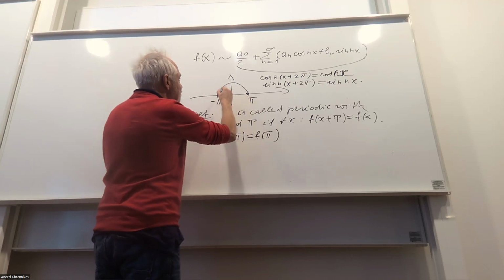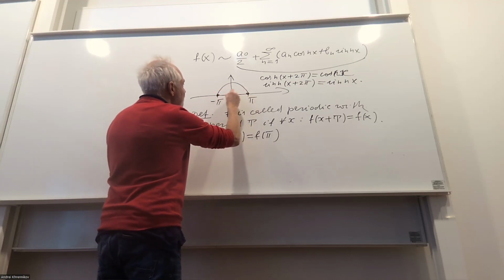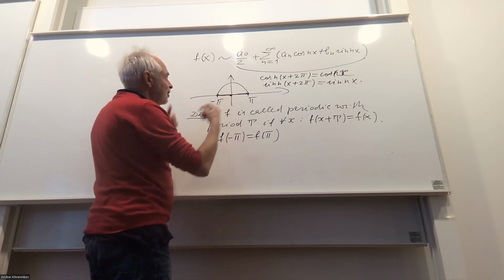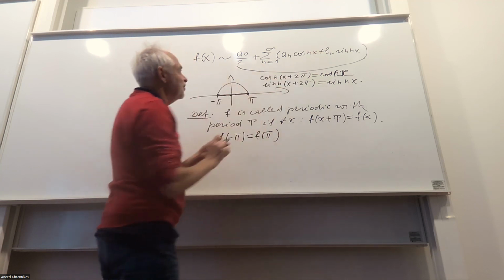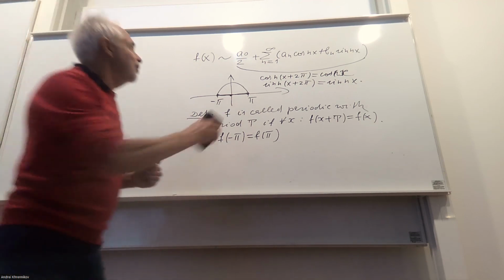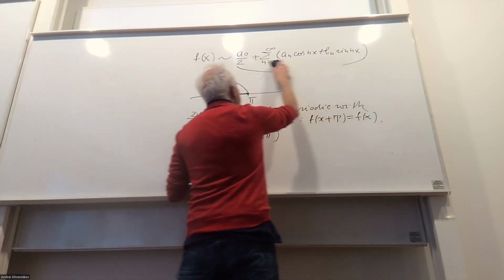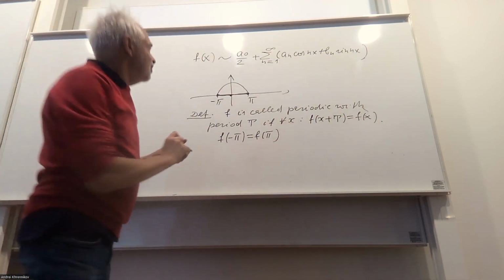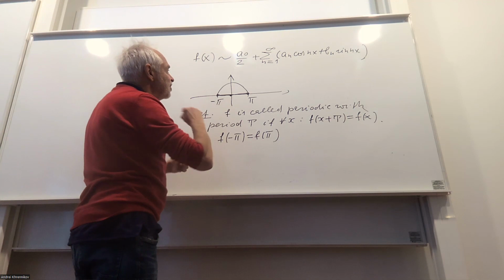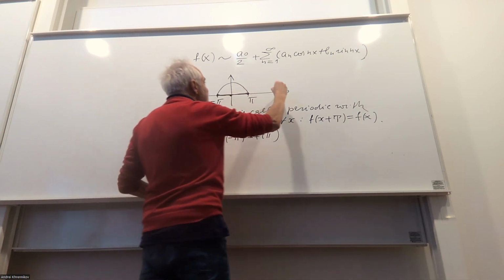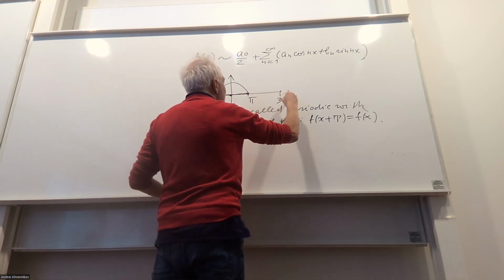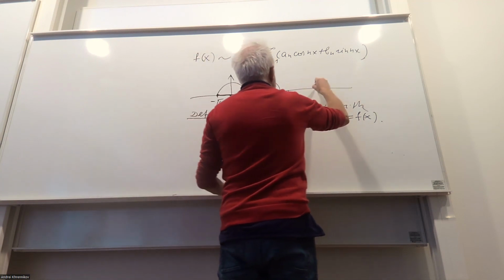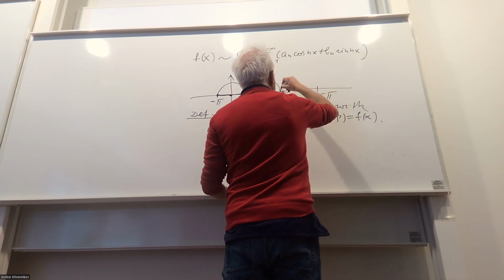When we calculate coefficients, we integrate only here, so we are interested in the function only here. But this series gives us a periodic function on the whole real line. Therefore, when we speak about pointwise convergence, we take the function on minus pi to pi, and if it is not periodic, we extend it periodically on the whole real line, plus 2 pi, and so on.